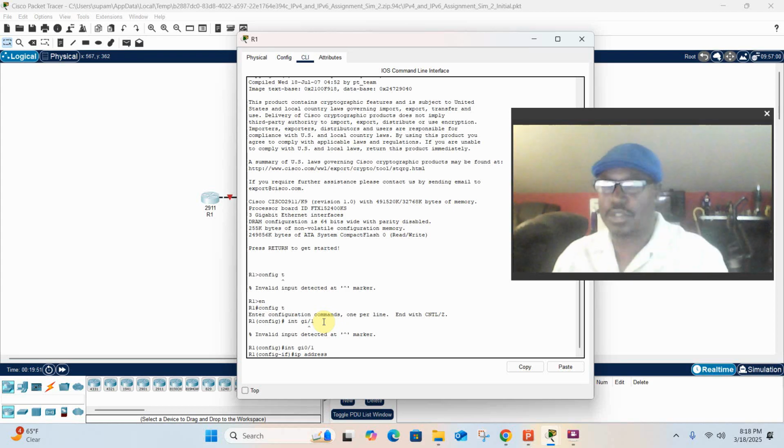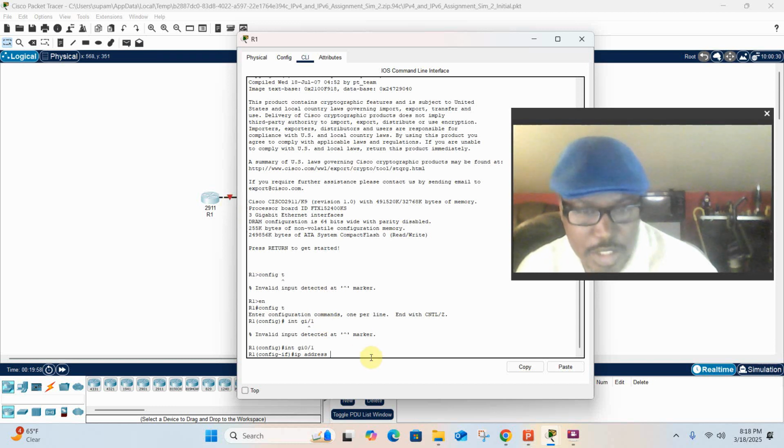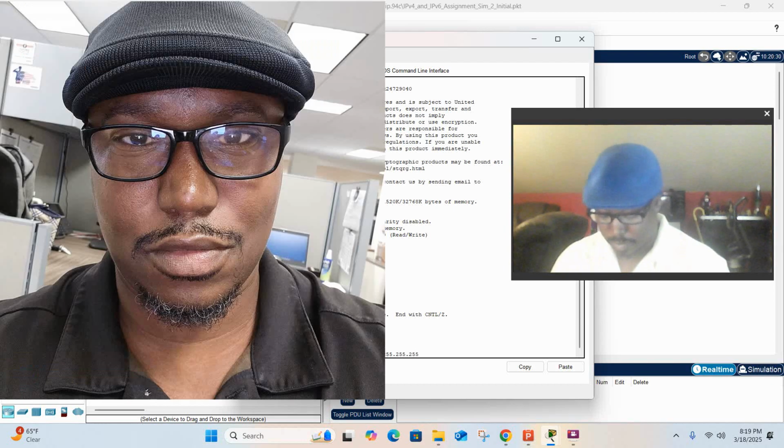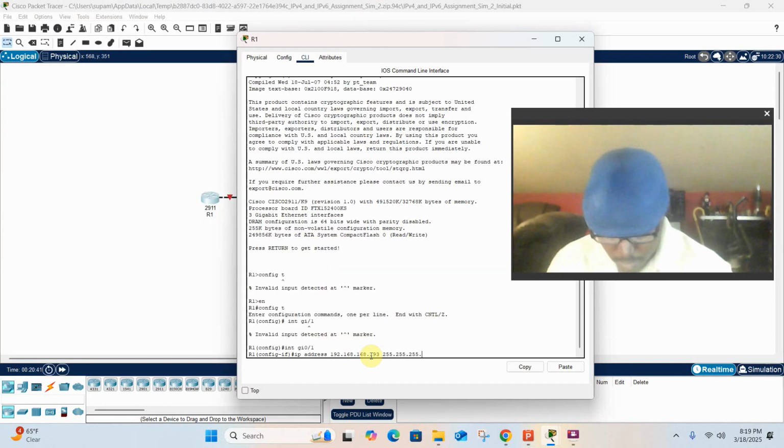So the first usable address in that subnet would be 192.168.168.193. And it said /28, so the subnet mask is 255.255.255.240.